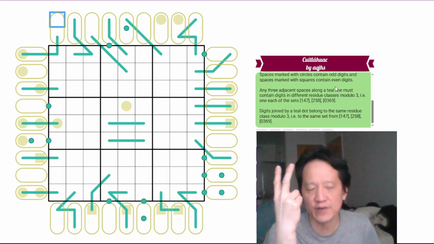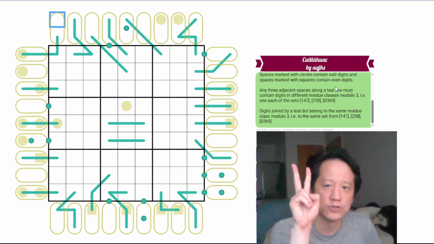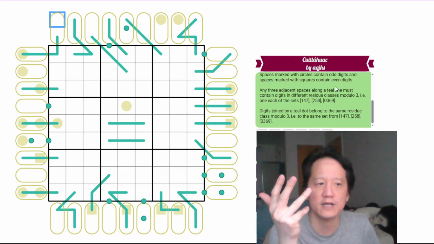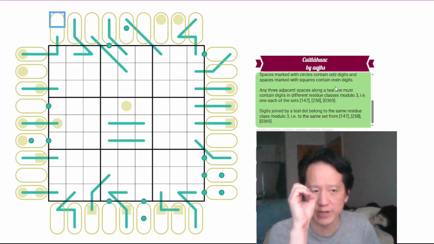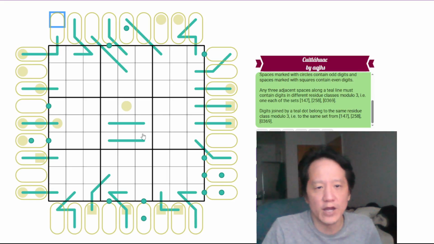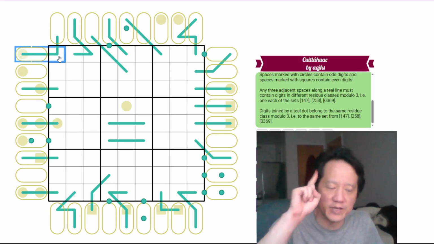If you take 2, 5, and 8, divide by 3, you get a remainder of 2, so those are the 2 modulo 3 class. And if you take 0, 3, 6, and 9, divide by 3, you get a remainder of 0, so that's the 0 modulo 3 set. For any 3 spaces along a modulo line, you'll have to have 1 from each of those sets.